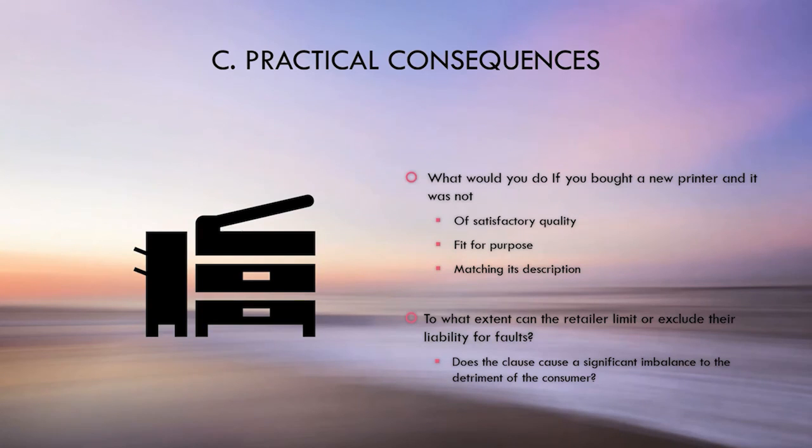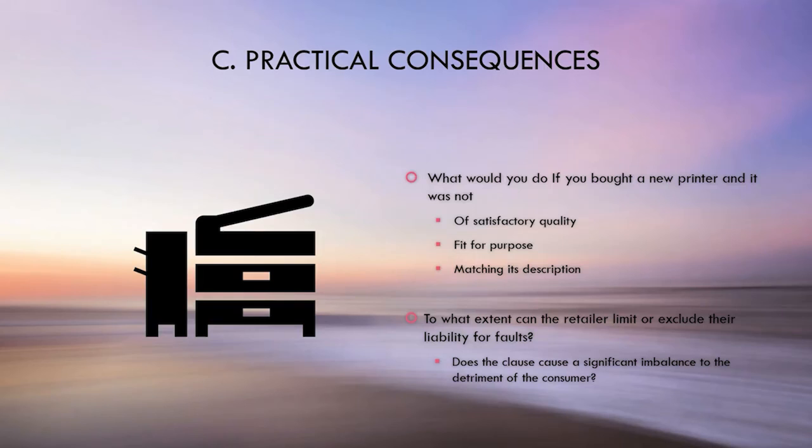Significant imbalance is concerned with the parties' rights and obligations under the contract. The requirement is met if a term is so weighted in favor of a business that it tilts the rights and obligations under the contract significantly in its favor, for instance by granting the trader undue discretion or imposing a disadvantageous burden on the consumer.